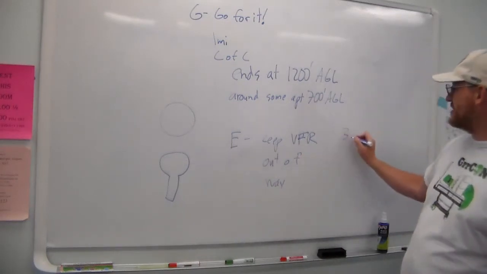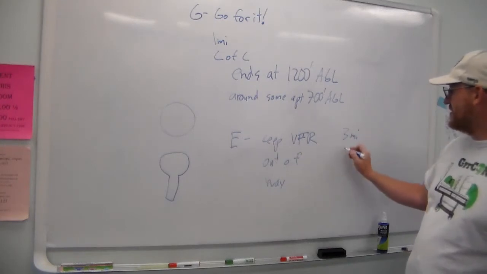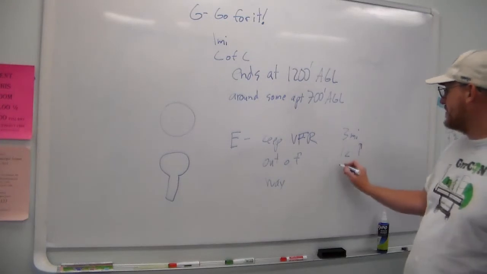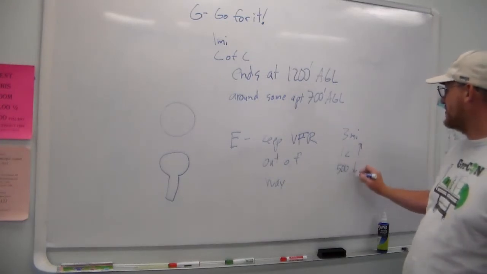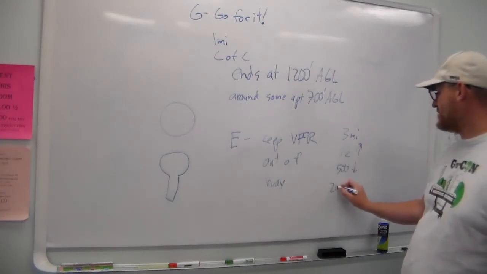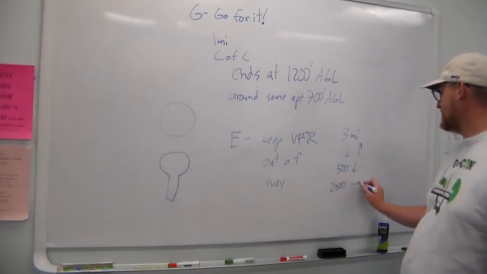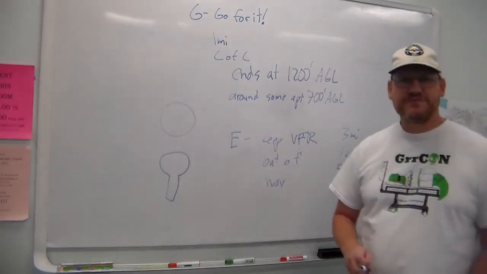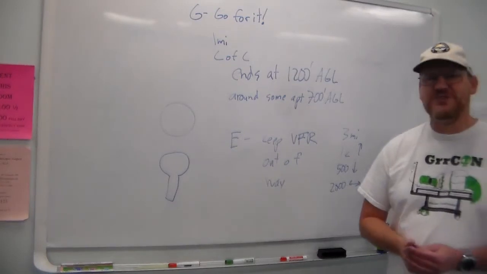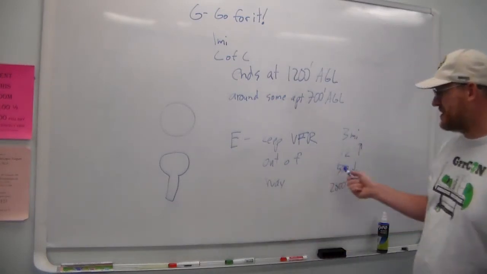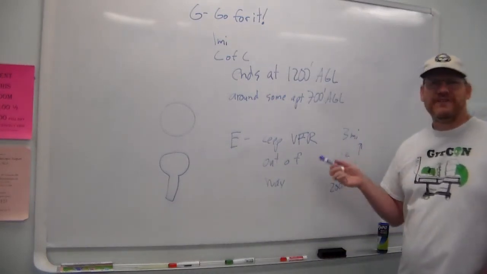It's 3 miles visibility, 1,000 above, 500 below, 2,000 to the sides of clouds. Or 3-1-5-2s is a nice way to remember that. Okay.